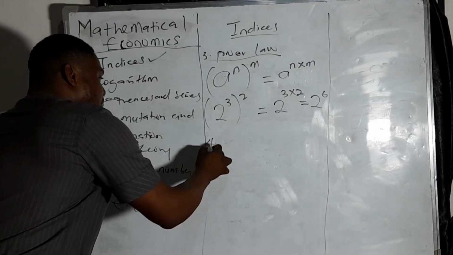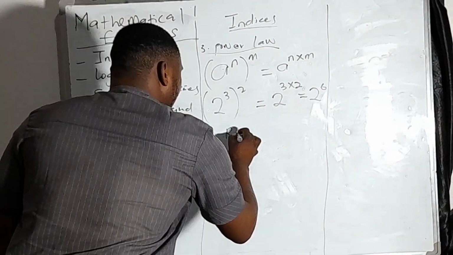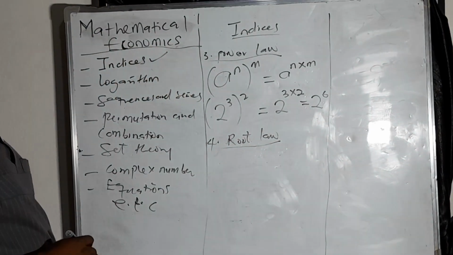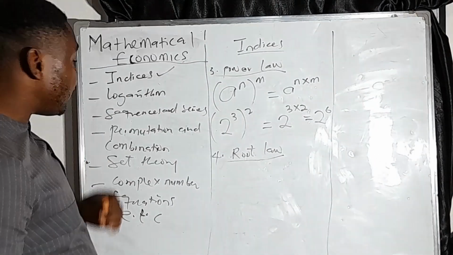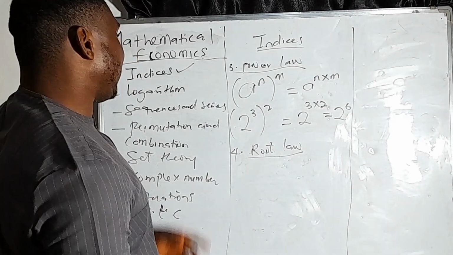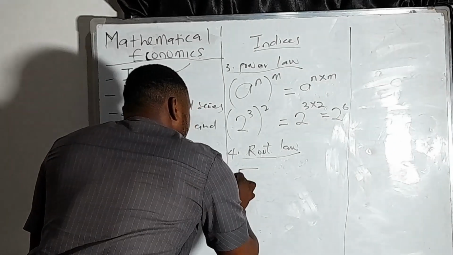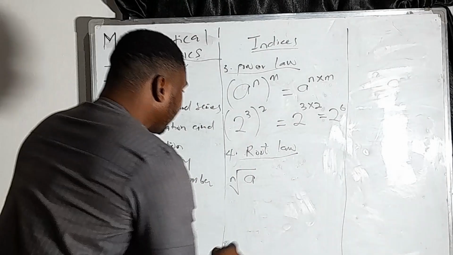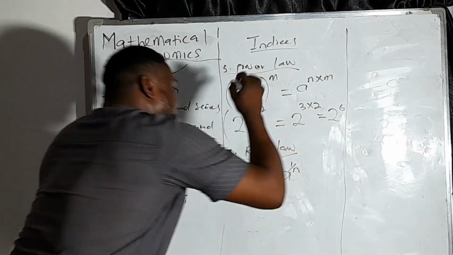Then the next law that we have is the root law. In this law, you have a square root or an nth root of a particular indices. For example, you have the nth root of a. The law says you have it as a raised to the power of the reciprocal of the root.